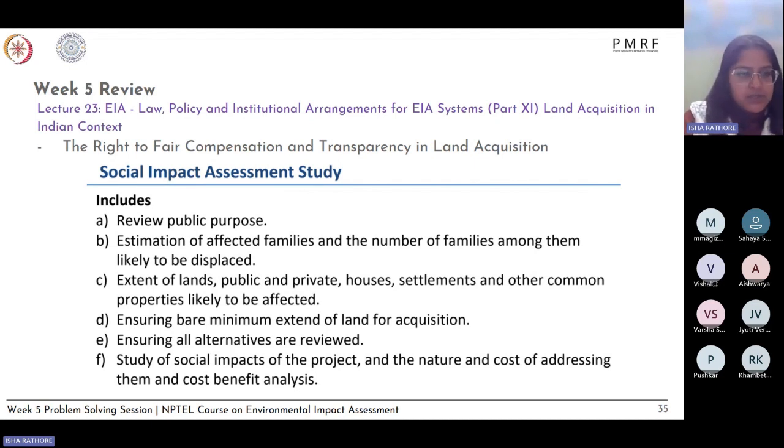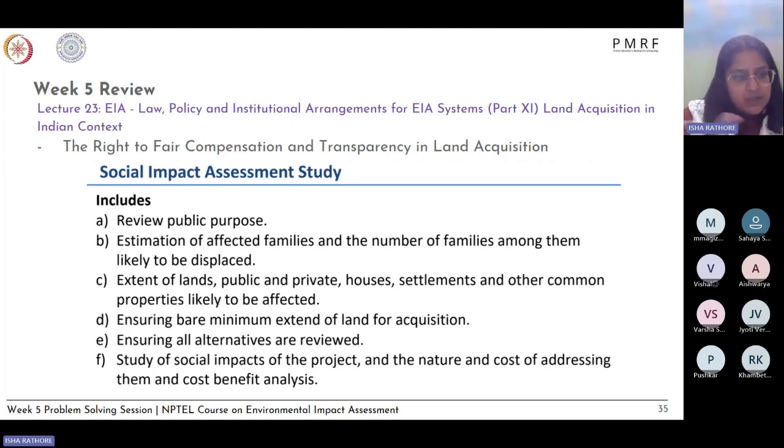These are the public purposes we have looked up previously, like defense and infrastructure for social use and things like that. So they need to write their public purpose. They need to estimate the families which are going to be affected by it, the number of families likely to be displaced because of this land acquisition.